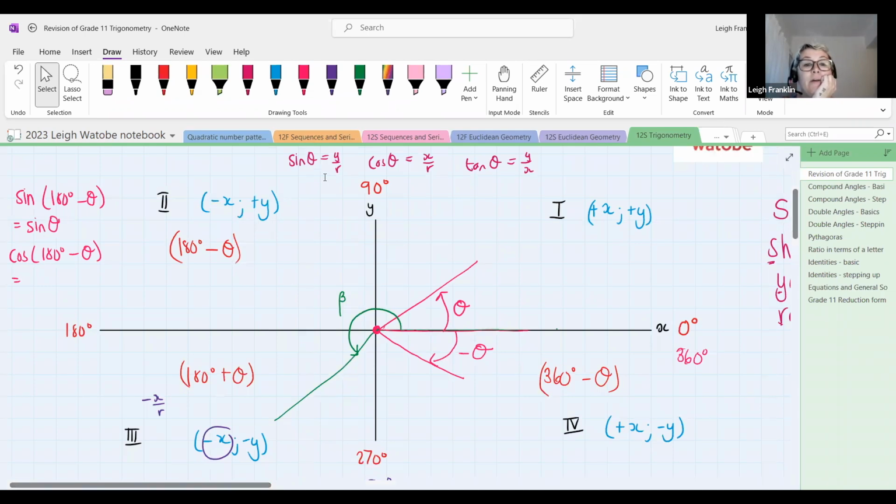So meaning all the other ones in quadrant number 3 are negative.